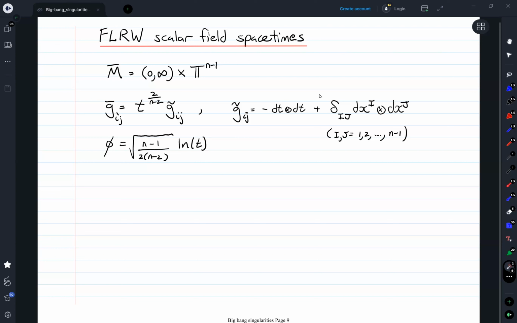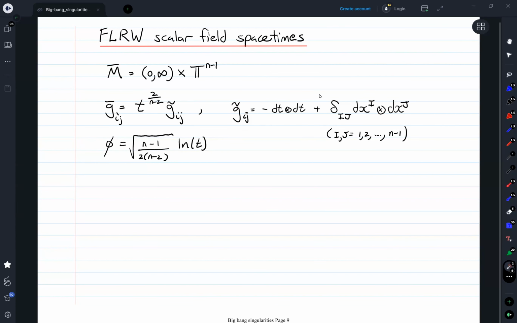So it's an unphysical metric, and it's flat. You can really see that this is just saying that the physical space-time metric is conformal to the flat metric. We also have the scalar field, which has some constant dependent on the space-time dimension, times the logarithm of t. Okay, so that's the solution.